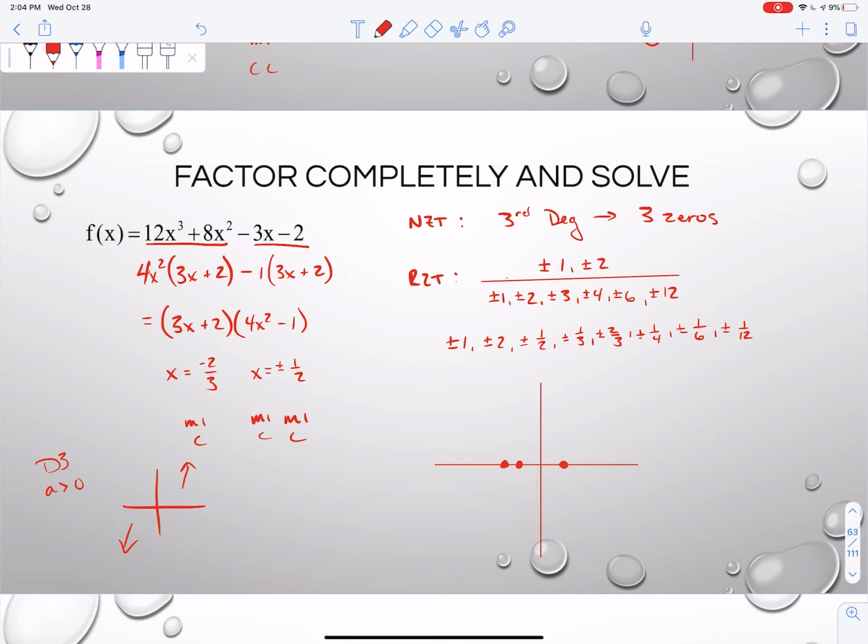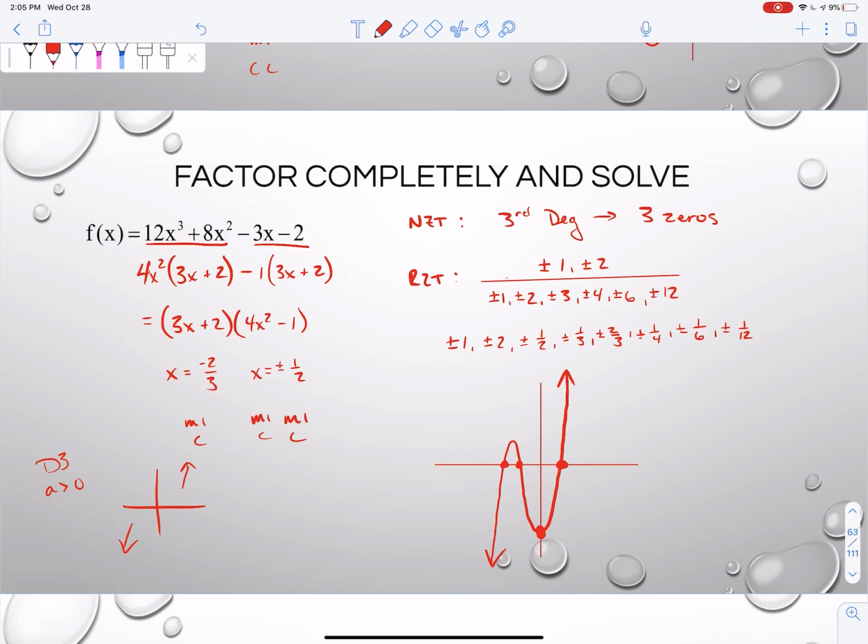I have a y-intercept at -2, and I'm going to end up with a function that maybe looks something about like this. Okay, again, not drawn on graph paper, not necessarily to scale, but for right now, it's going to give me a pretty good idea of what this picture should look like.